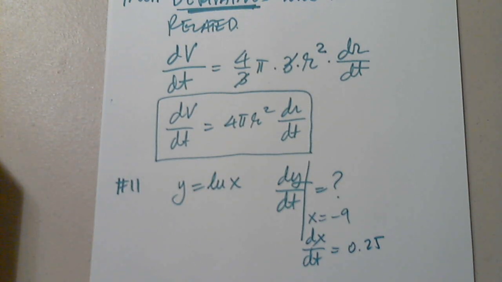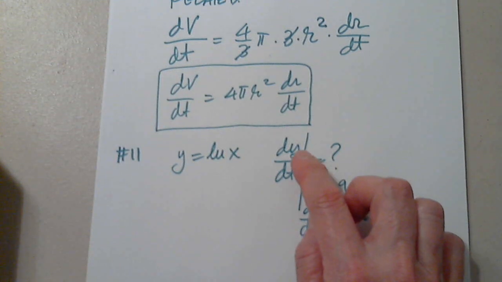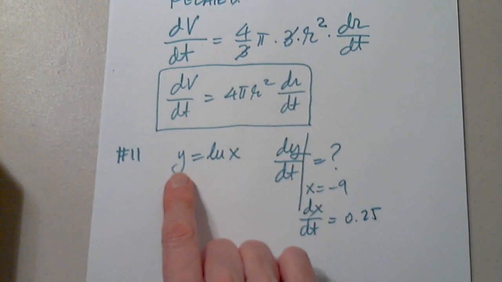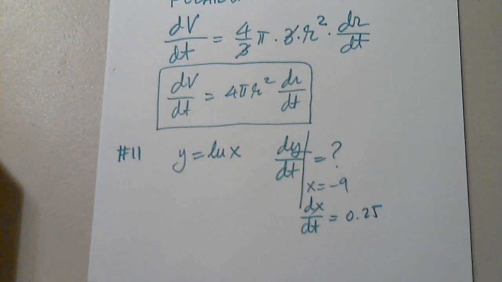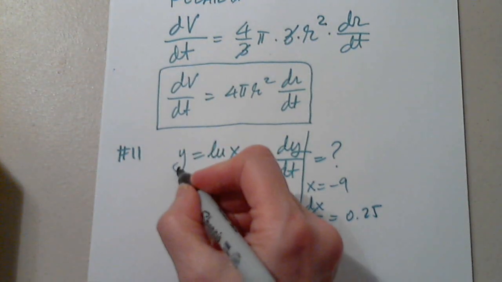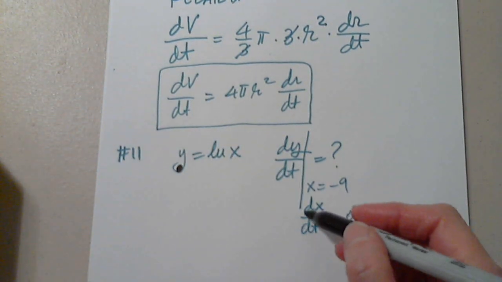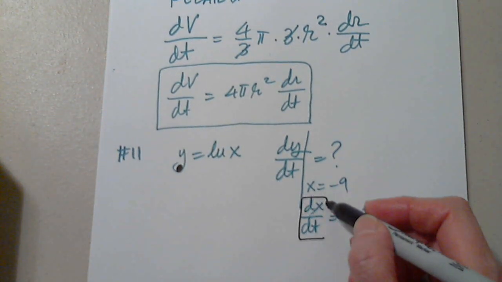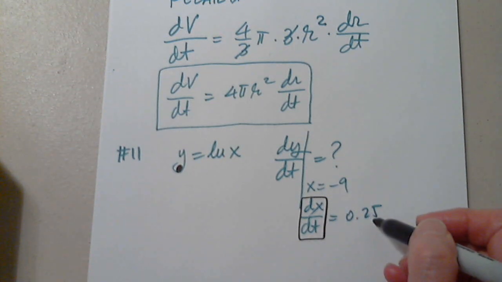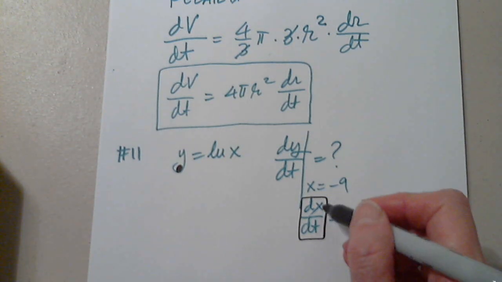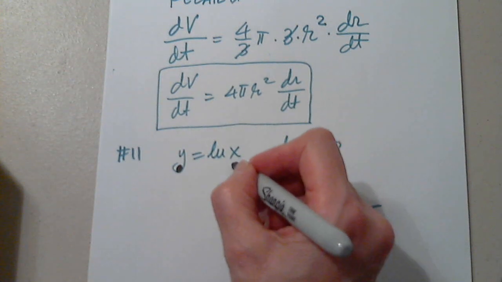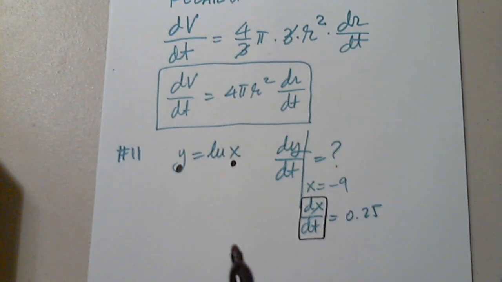So let's analyze first of all what we are given. I'm asked to find dy over dt, meaning y is a function of time, or t. T doesn't have to be necessarily time. I'm also given the fact that dx over dt is 0.25. So x is also a function of time. That's the reason why I put those dots underneath.